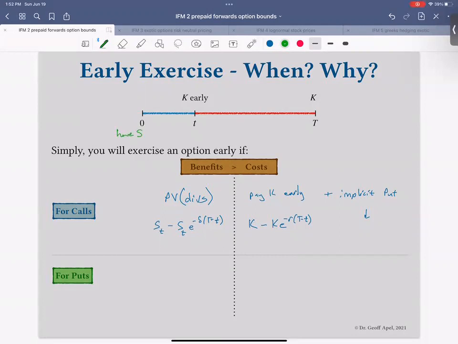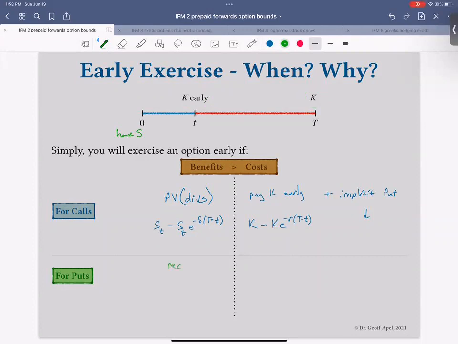And so we think, okay, what would be the benefit of selling it early? Sort of the opposite here. In this case, I would actually receive the K early. That would be nice, because I was thinking I'd have to wait all the way till the end to receive K, if it gets exercised. But actually I can get K early, so I can put it in a bank and earn money so that at the end I'd end up with more than K. So that's a benefit.